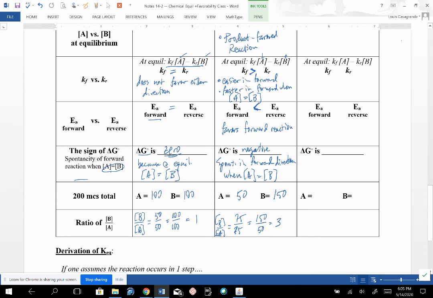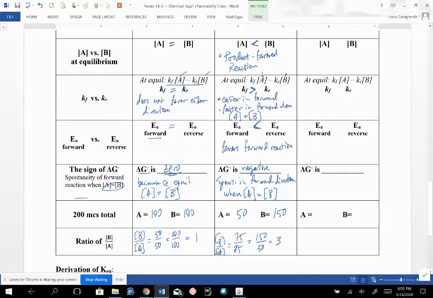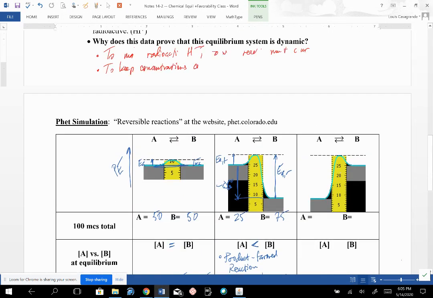All right, let's turn things around and look at what happens if we have it switched so that now going from reactants to products, the delta G naught is a positive delta G naught. The activation energy in the forward direction is large, and the activation energy in the reverse direction is smaller.